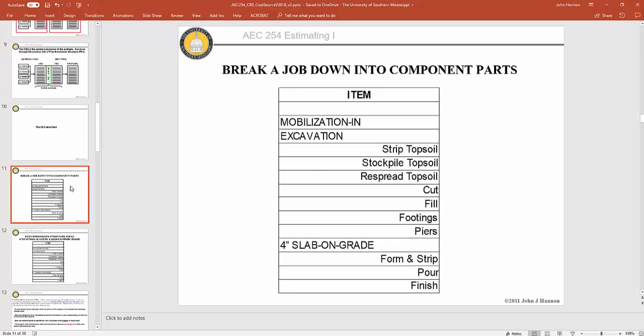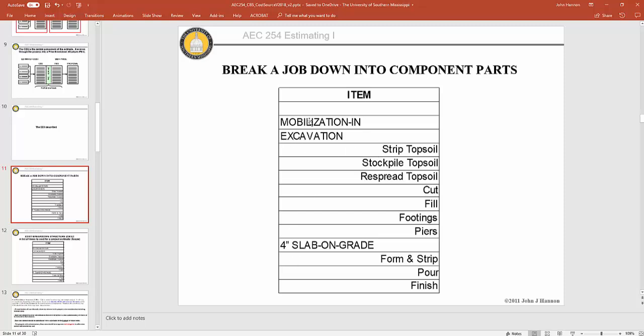An example, a very simple example, would be something like this. Let's say the scope of the job is to excavate and build a slab. Okay. So here is a list of items that need to be performed, and I can call this a list of scope.